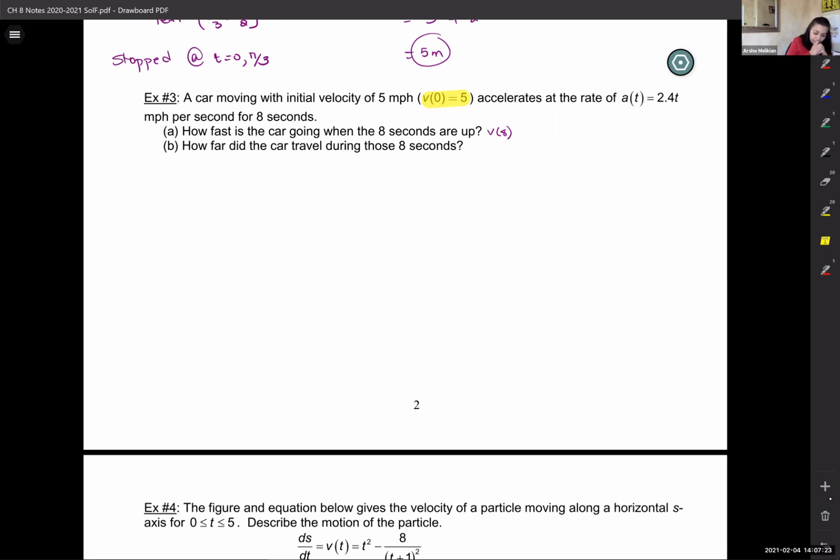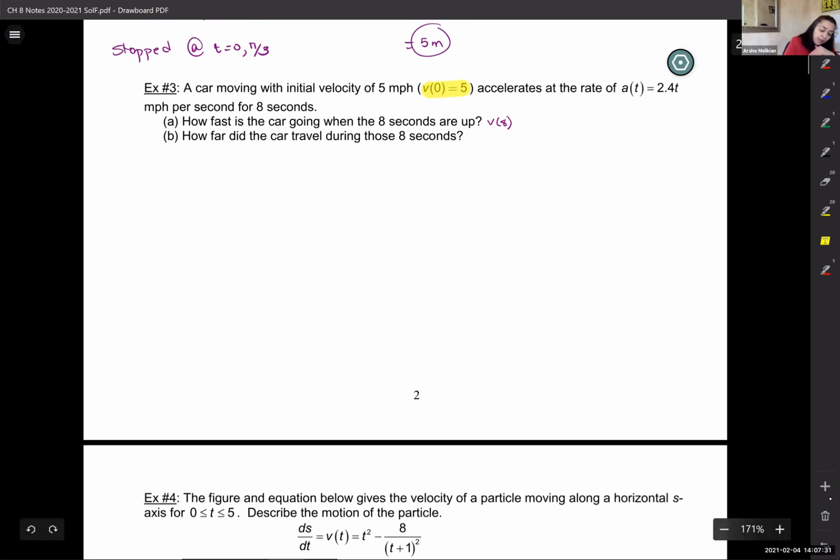Now, let's understand this problem. This car is moving with some velocity. Then it started accelerating at 2.4 t miles per hour per second. So it had a velocity, and now it's accelerating, meaning its velocity is changing for 8 seconds. And now we want to know the accumulation of that change given by the acceleration, so that we know how much the velocity is now.